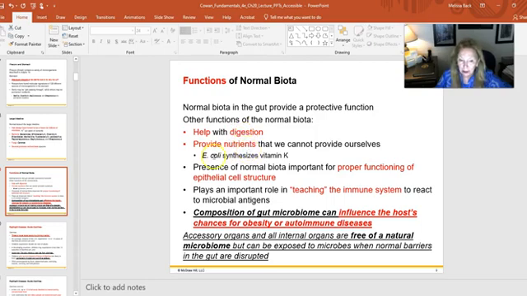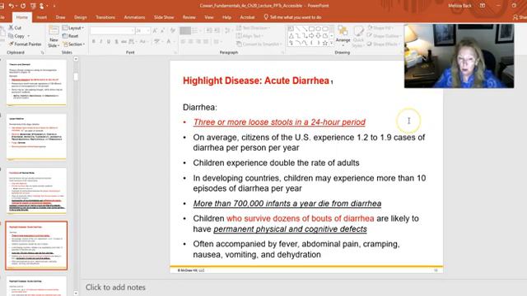It helps to provide nutrients and supplementing our vitamins. There are so many things that the normal flora does for us. We even know that the composition, the balance of your gut microbiomes can even affect your chances of being obese or having autoimmune diseases. Much is being discovered on a daily basis about this, and it is incredibly interesting. And we are finding out more and more about this. And as we find this out, this would be an opportunity of maybe utilizing that information for treatment.